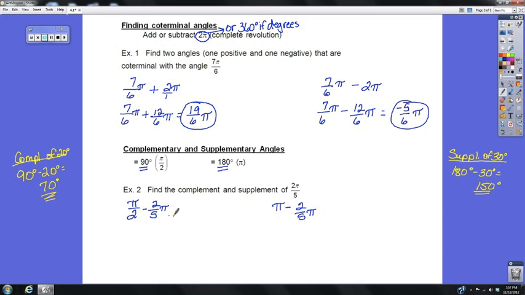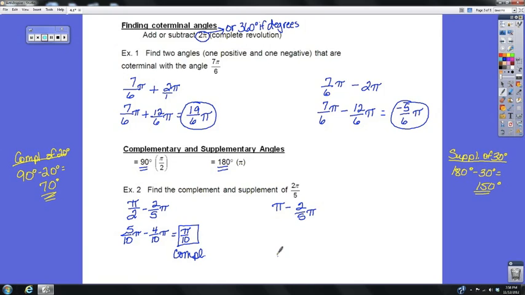Now I need to get a common denominator. My common denominator here would be 10. So 1/2 pi would be 5/10 pi minus, this would be 4/10. So 5/10 minus 4/10 would be 1/10 pi, or pi over 10. So this is my complement.